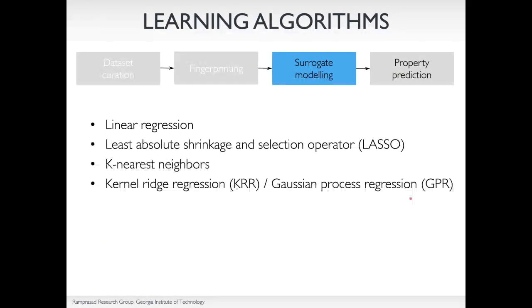Instead of just choosing K nearest neighbors, why don't we just do a weighted average? The closest neighbors should get more weight, right? The ones that are farthest should get less weight. So you do a weighted sum of all the members of your data set, and then make a prediction. That's, in very simple language, how KRR or GPR work.